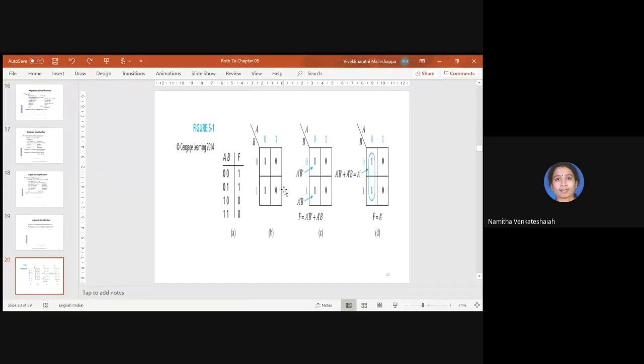Here the very important question is, which box is for which row? This is the 0th row, this is the first row, this is the second row, this is the third row. Four rows are there, and four boxes are there. So which row is for which box? How do you decide? The decision is based on the variables you write here.